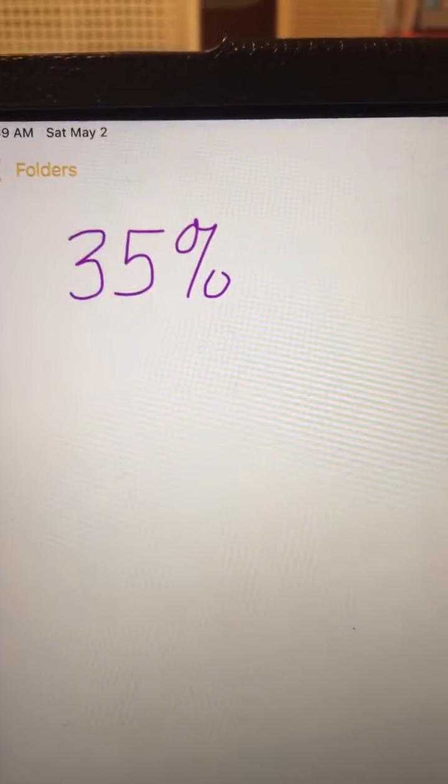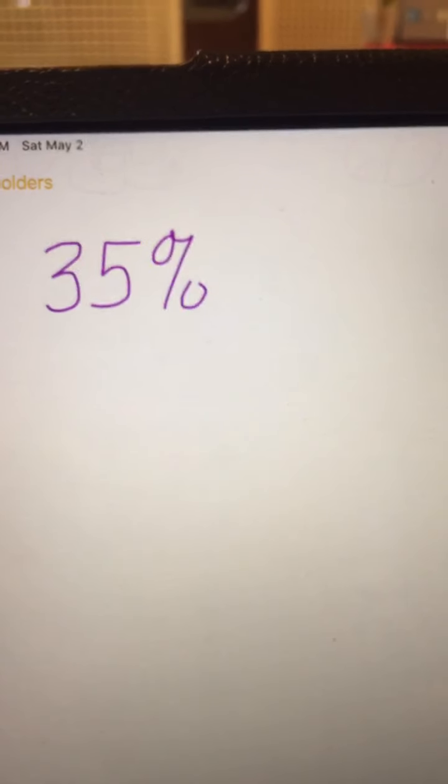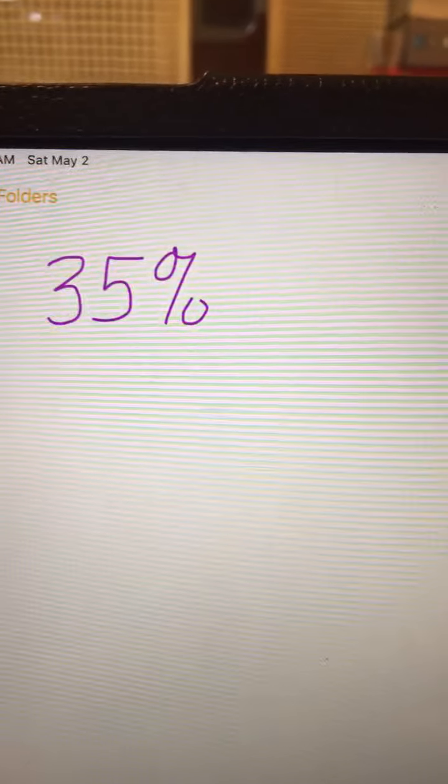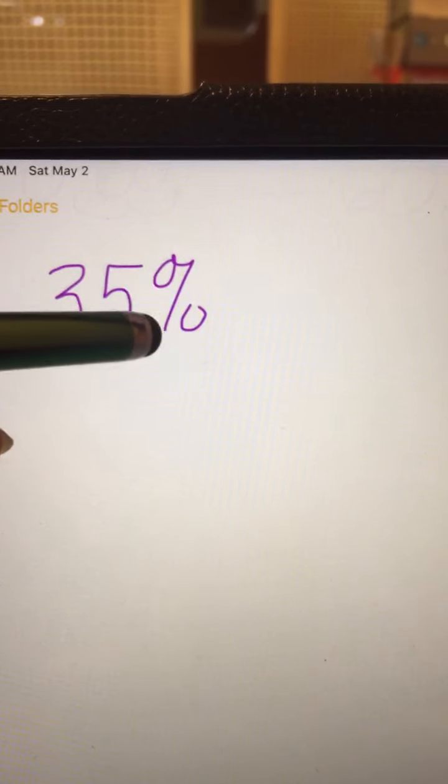Letter A is 35%. And it says to write each percent as a decimal. So it's 35, so your decimal point is technically right there.